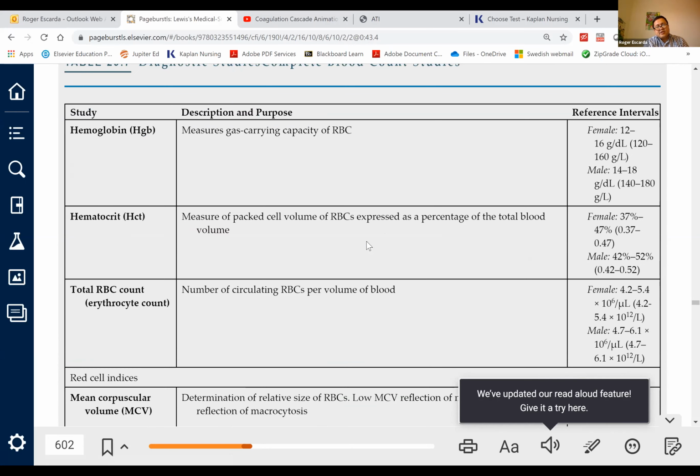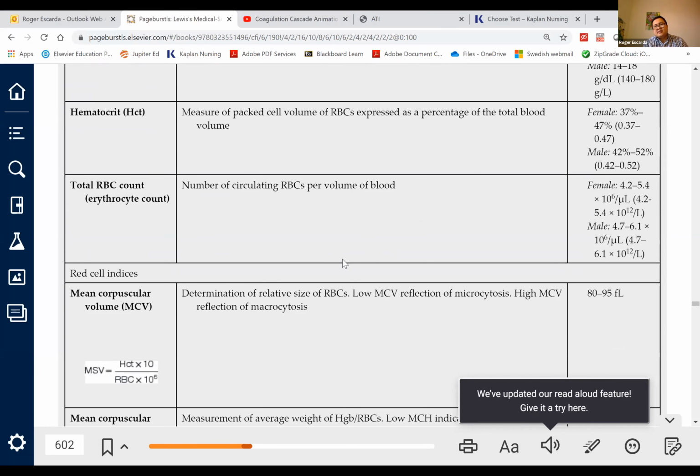The labs that your instructor will be using on the exam, I doubt they'll say the hemoglobin is low or the hematocrit is high. They'll give you numbers. So on a test question, she'll give you data. For example, Robert's hemoglobin is 9 grams per deciliter, and his hematocrit is 32%.